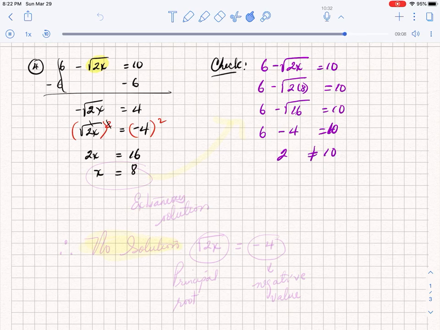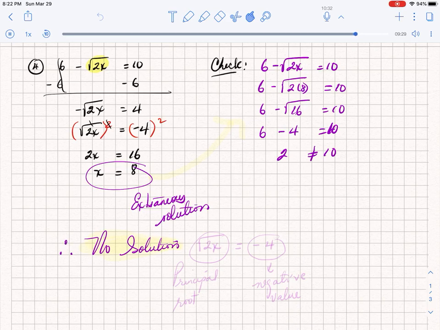Therefore, technically this is an extraneous solution. In this case, if there's no valid solution and that's the only one, I can say there is no solution.